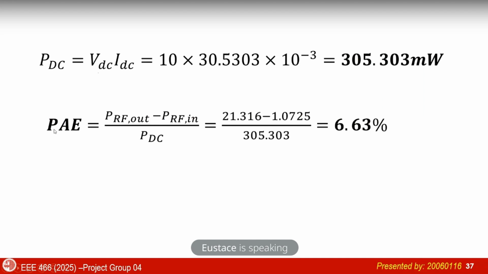We can calculate PAE from the output AC power minus input AC power divided by total DC power, which is 6.63%. This satisfies our requirement of 5%, and also supports the Cadence simulation, which indicates 7.5%.